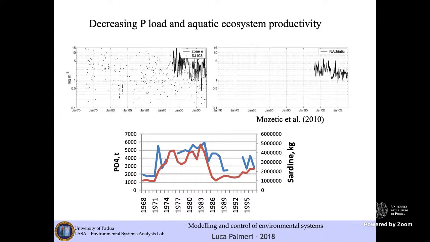For example, we may see some figures, again coming from experimental observation of water ecosystems. We have an indication of decreasing phosphorus loads and aquatic ecosystem productivity. For example, let us forget this topmost graphic.